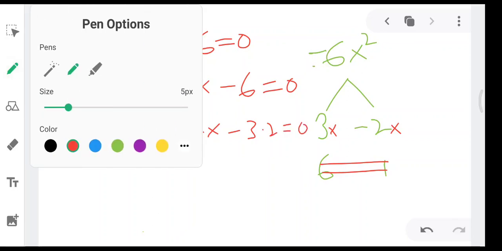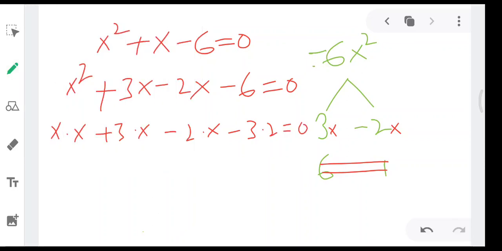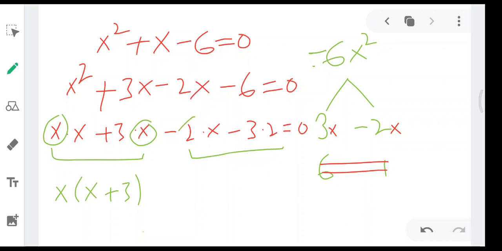Then what can I take common here now? From these two I can take x as common. So I'll take x common, remains x plus 3. And from the second one I can take minus 2 common, remains x plus 3 again.